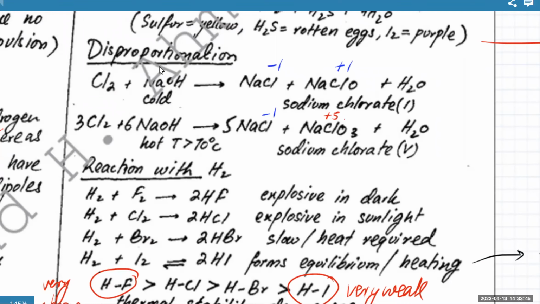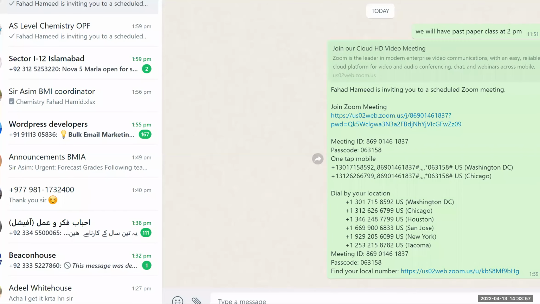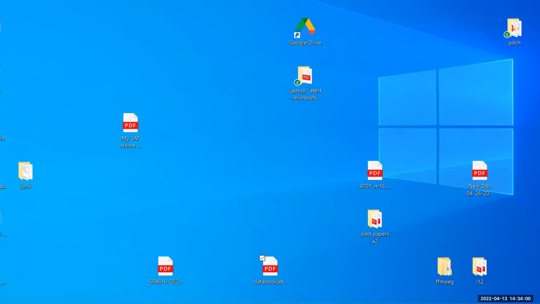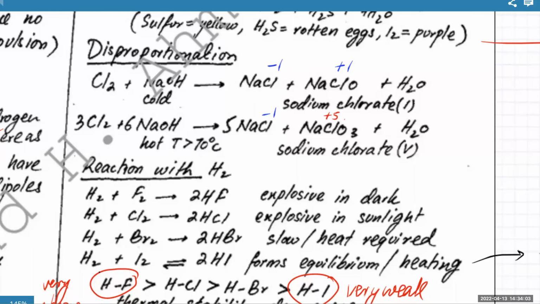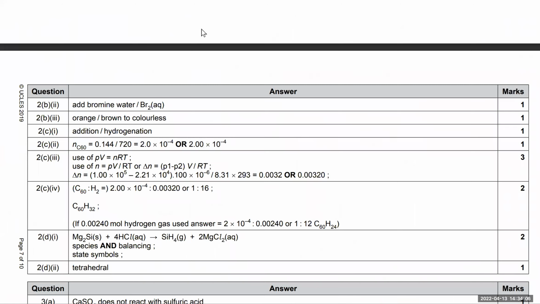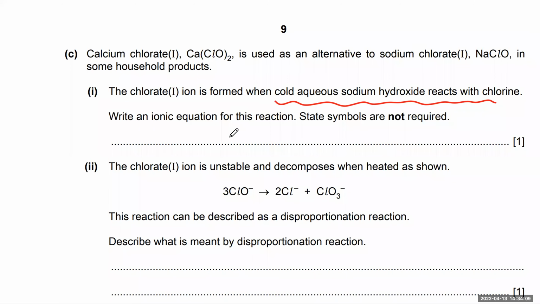In this case, he's talking about cold NaOH, and he's not even talking about the equation, he's talking about the ionic equation. So I'm going to write the ionic equation for this. First let's write the full equation and see how you make the ionic equation. It's NaOH plus Cl2, it's going to form NaCl, plus NaClO, plus H2O.